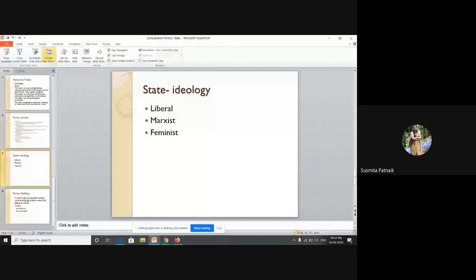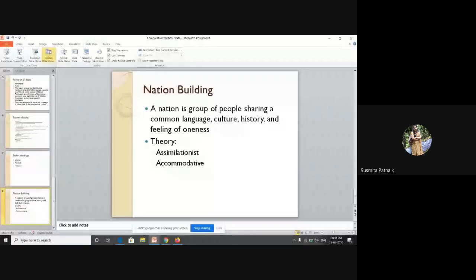Where a state has different languages, we are not obeying one language as the national language, and we have different cultures, then that state cannot be called a nation. So in order to call the state a nation it should possess one culture, one language, one history, and one feeling of commonness or oneness.